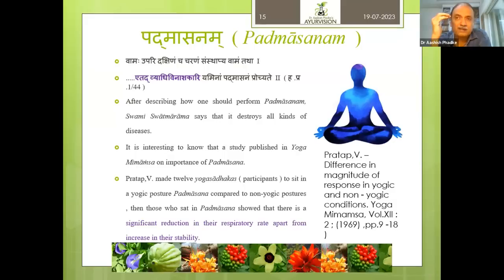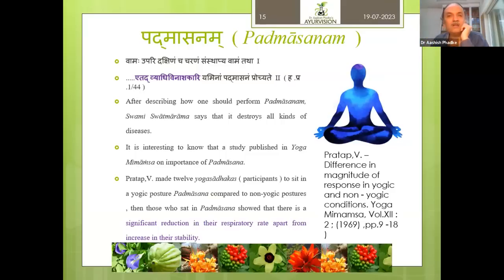Then your brain need not bother about respiration or stability, and it can get focused on higher functions like meditation or pranayama. That is what has been mentioned.